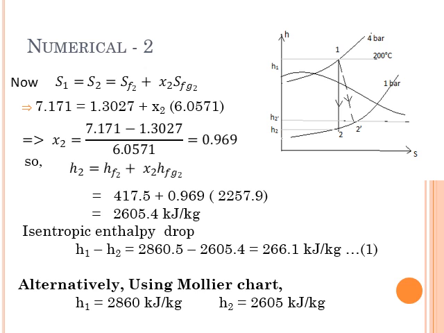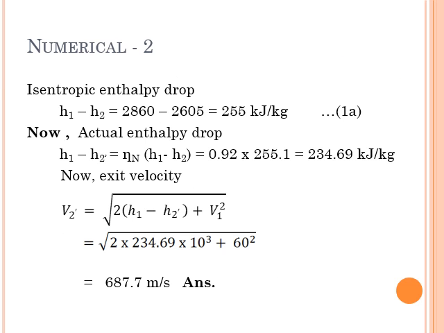The isentropic enthalpy drop has been found out here using steam tables, but we can also determine this by using Mollier chart. We can directly read values of H1 and H2 from Mollier chart as 2860 kilojoule per kilogram and 2605 kilojoule per kilogram. So H1 minus H2 can be found out as equal to 255 kilojoule per kilogram.